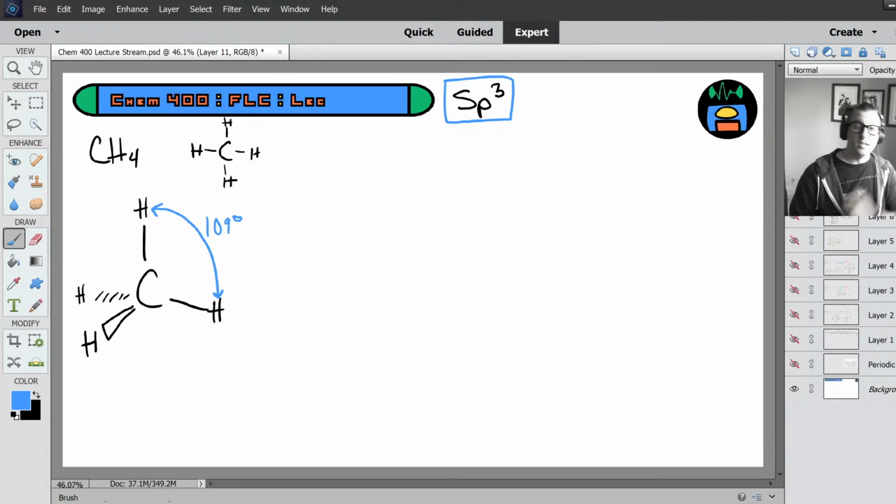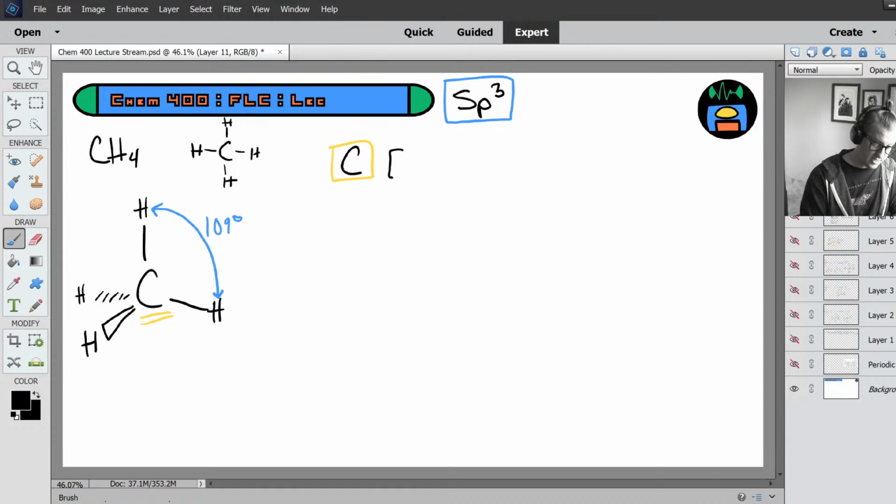All right, bond angles of 109 degrees. Here's the catch. Let's think about the orbitals available to carbon. If you look at carbon, the atom, we could write an electron configuration for carbon, right?